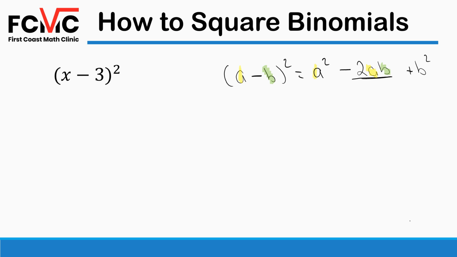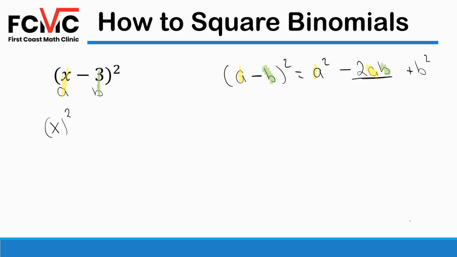So our a value is our x, our b value is our 3. Applying our rule, we're going to square the a value, our first value.